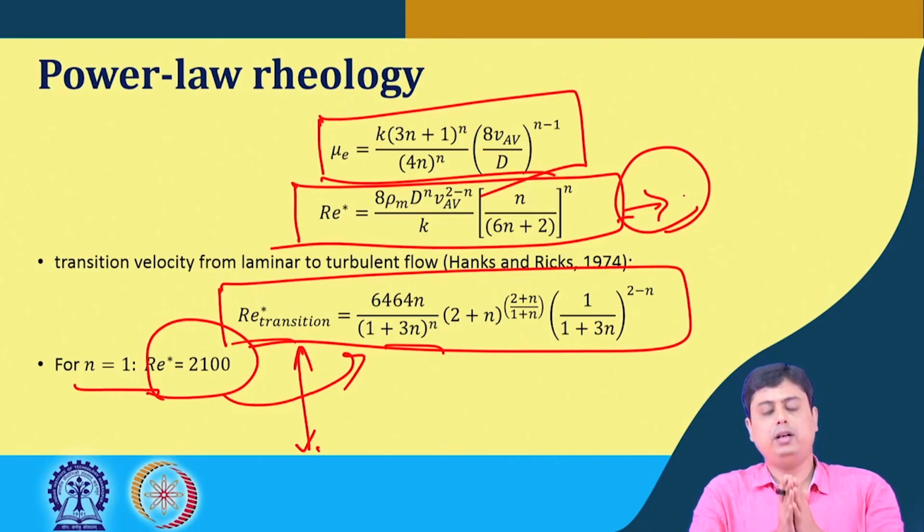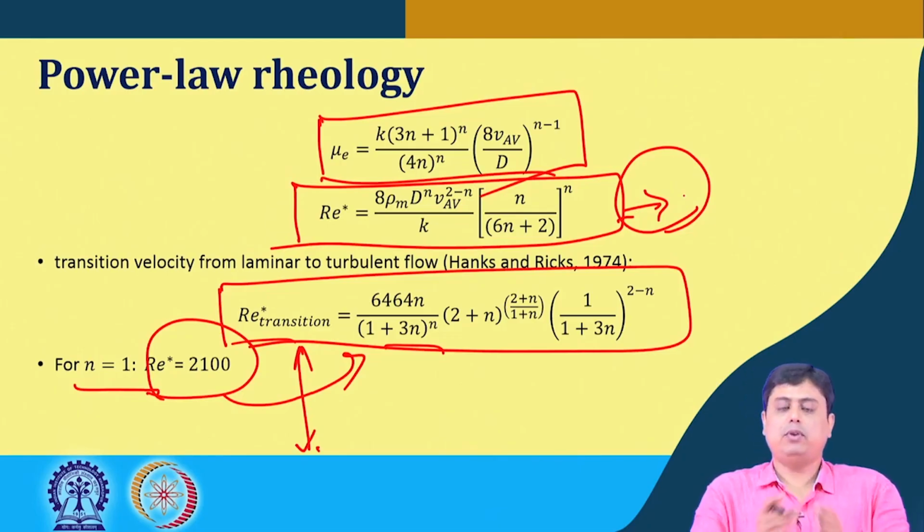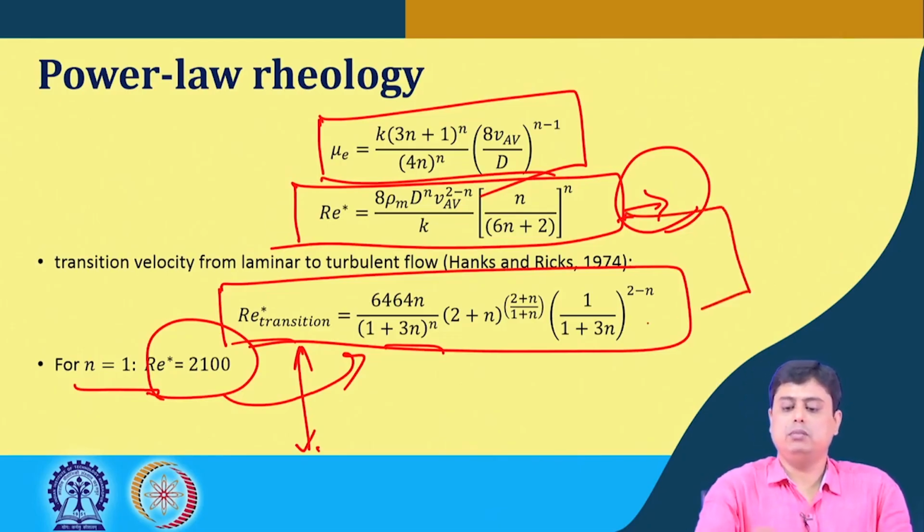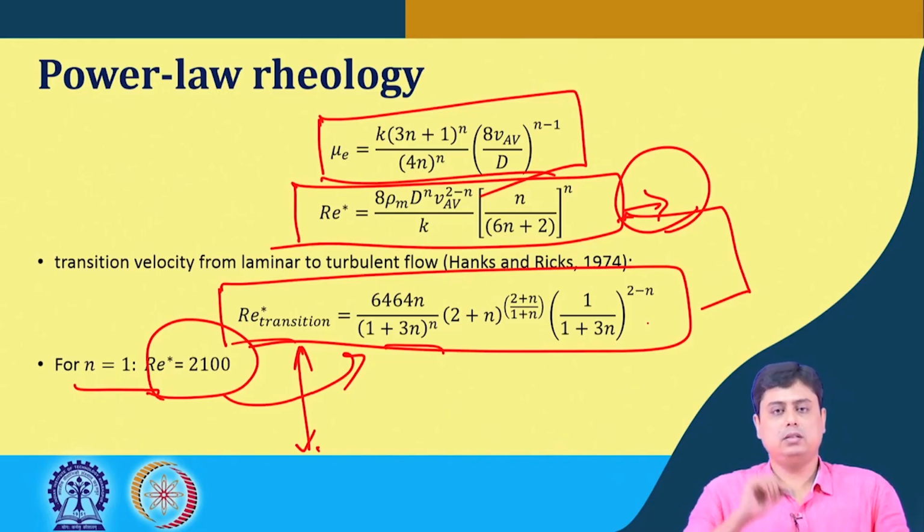So is your current operating condition laminar or turbulent? To understand that, you have to find these two Reynolds numbers. One is the existing current Reynolds number of the slurry that you are handling, and for that category of power law liquid, the transition Reynolds number. Then we can decide whether the flow is laminar or turbulent.